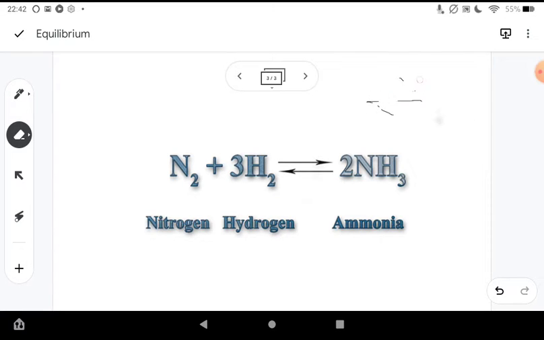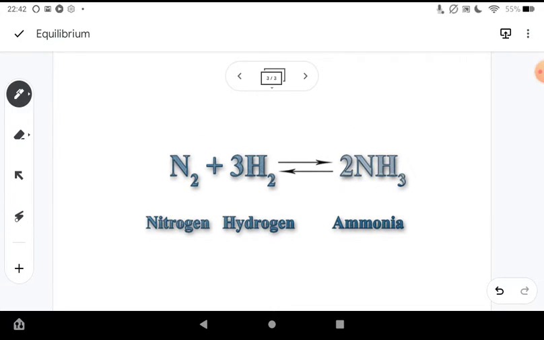Now, what that means is that both of these reactions are going on at the same time, right? So as these two combine to make ammonia, this is actually breaking apart to form these two. So this is constantly going back and forth.